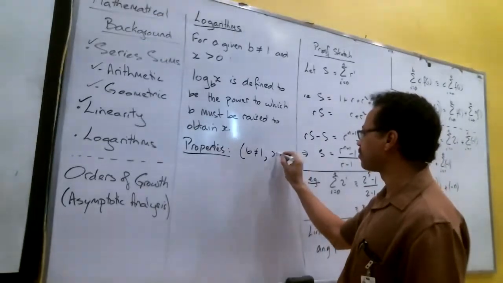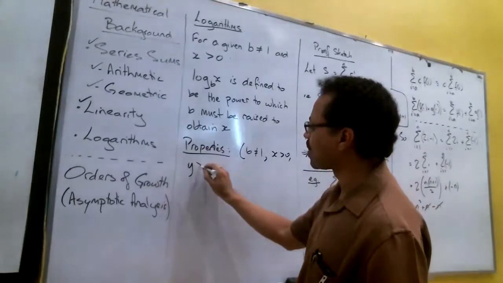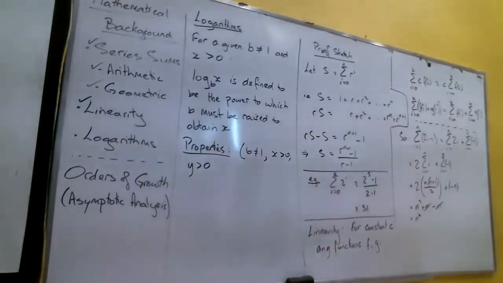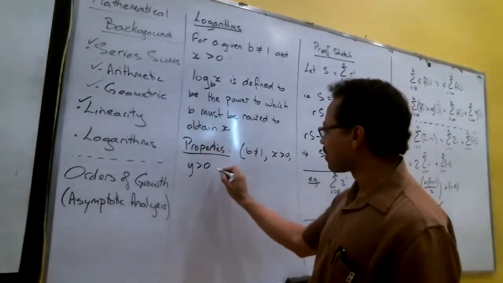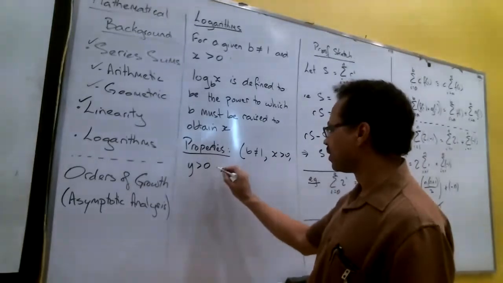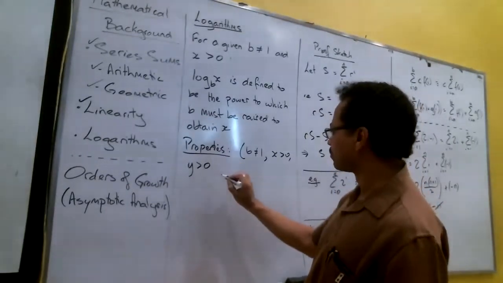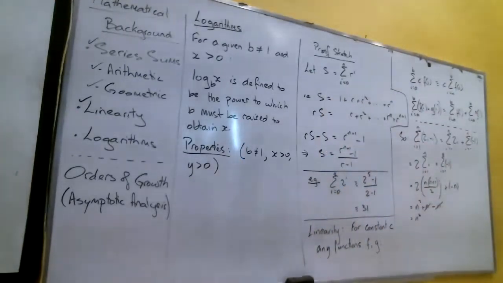I'm going to refer to x and y. Both of those must be positive because the log of 0 doesn't exist. And I'm going to have a point at which I might refer to an a and a c, which might be constants, when I get there.